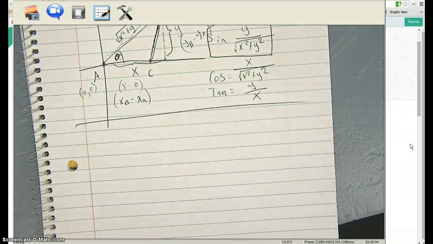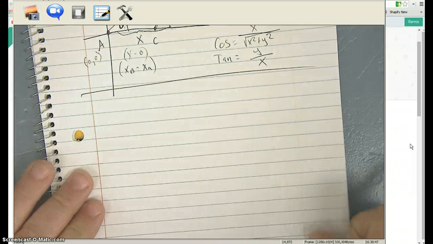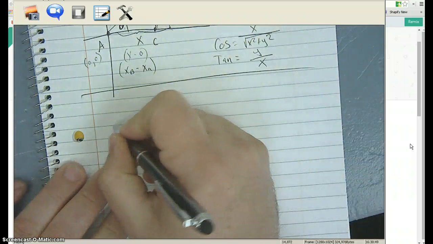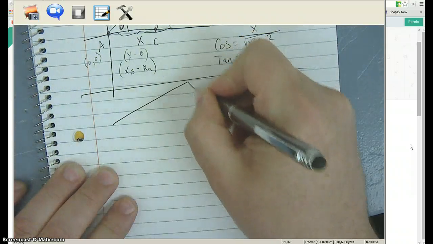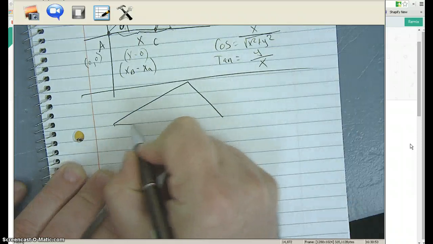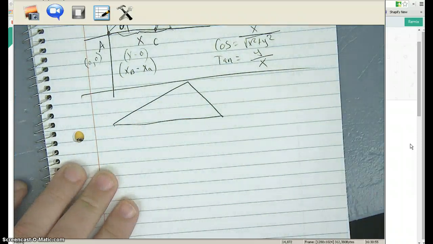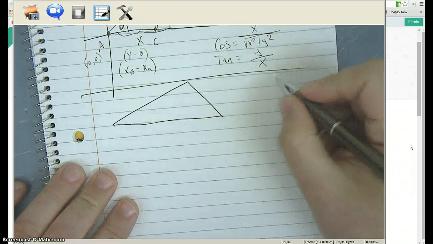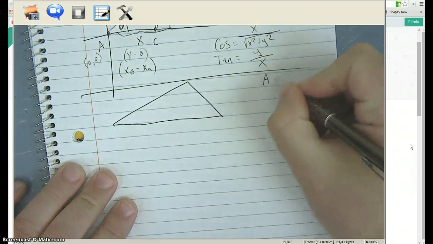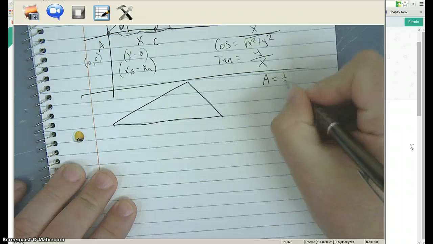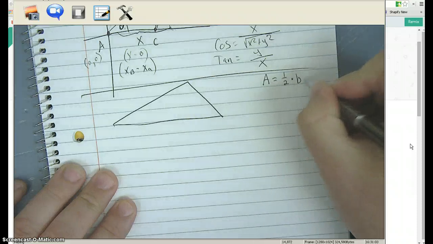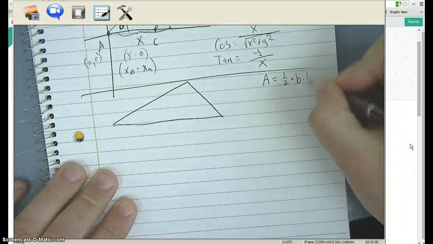Okay, so now we're going to take a look at deriving the area of a triangle. So let me just draw a triangle out here. So this is a triangle. We just remember that the formula for the area of a triangle is area equals 1/2 times the base times the height.